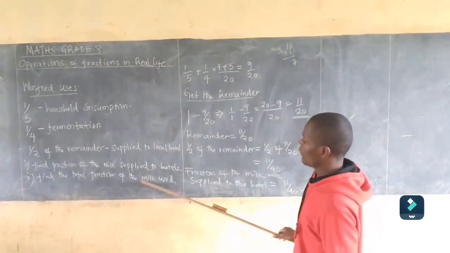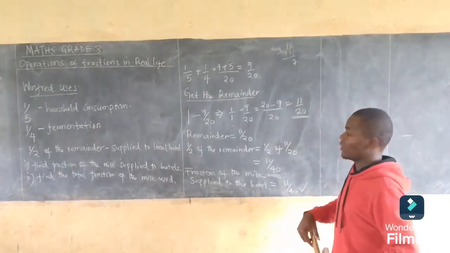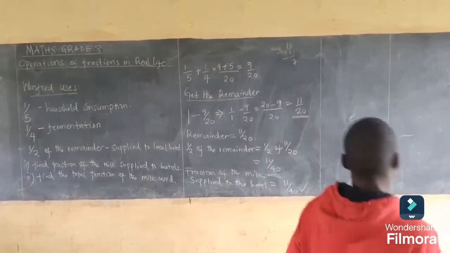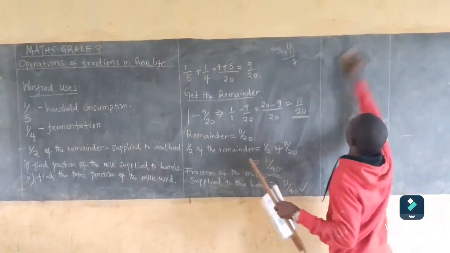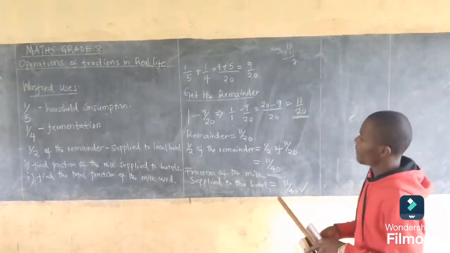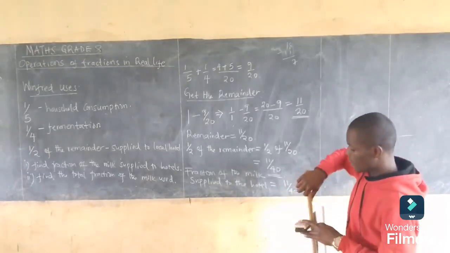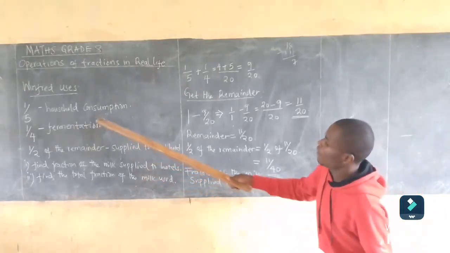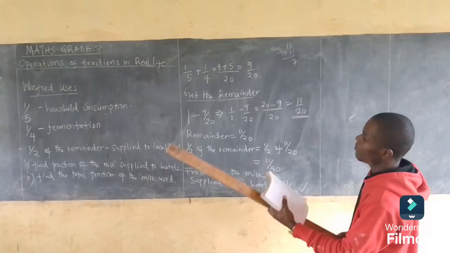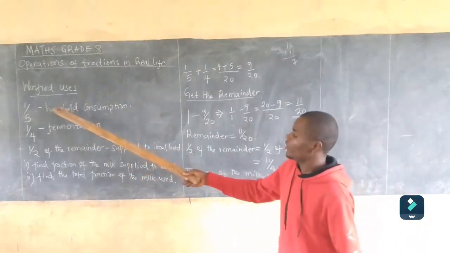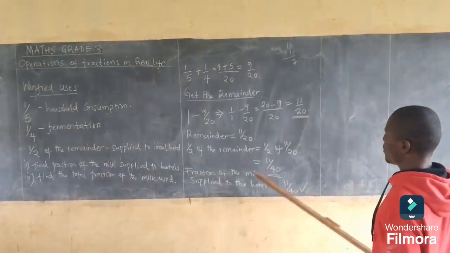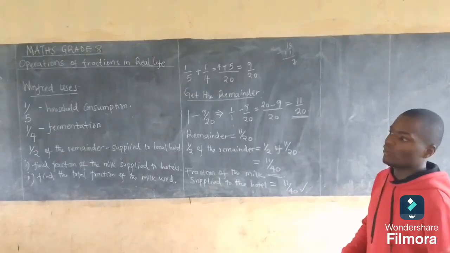Find the total fraction of the milk used. Now, that one is very simple. Already we know household and fermentation use 9 over 20. So we are simply going to add 1 over 5 for household consumption, 1 over 4 for fermentation, and 11 over 40, which was supplied to the local hotel.